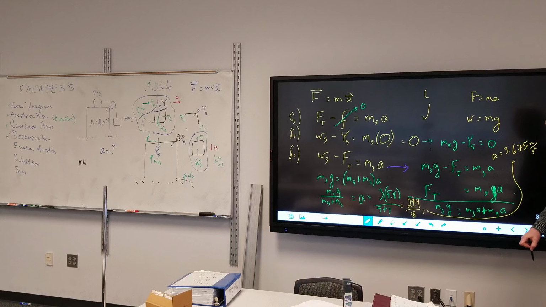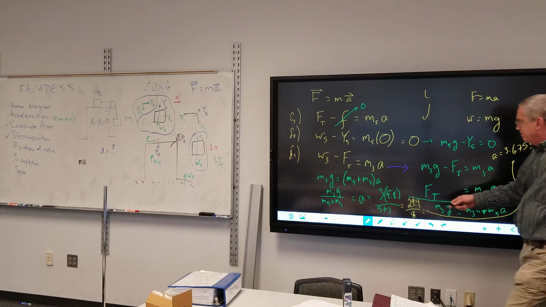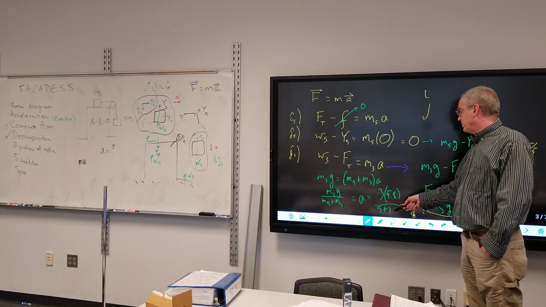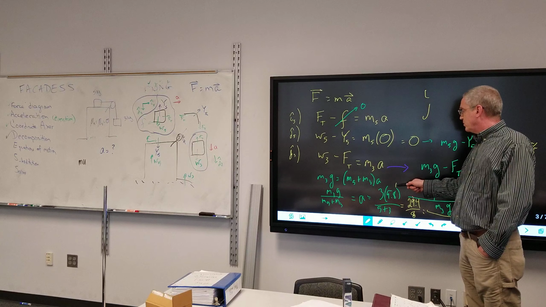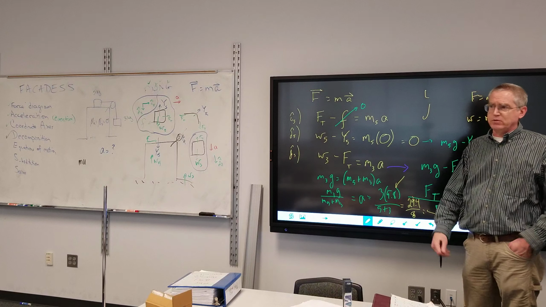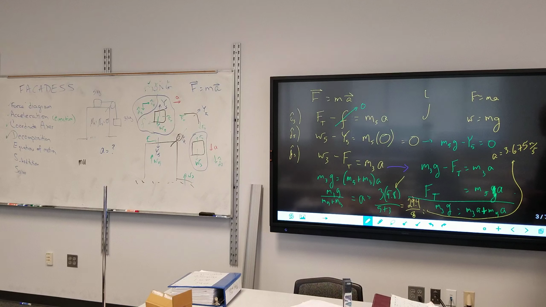Kilograms on the bottom cancel the kilograms with the 3, and you're left with meters per second squared. As long as we're dealing with SI units, acceleration will be meters per second squared.